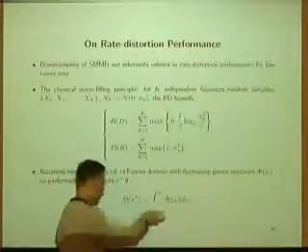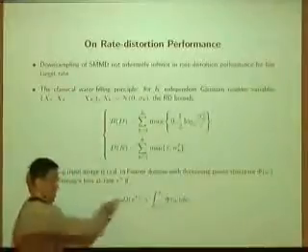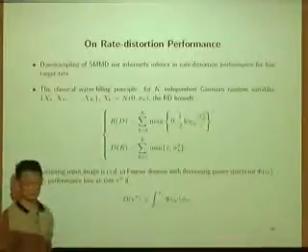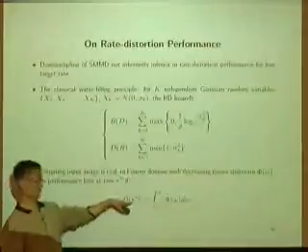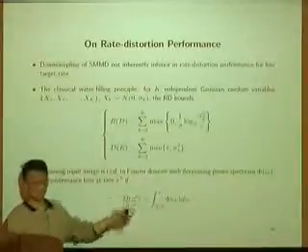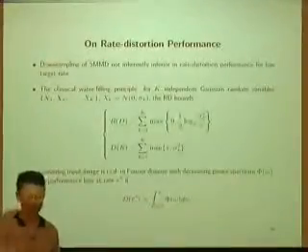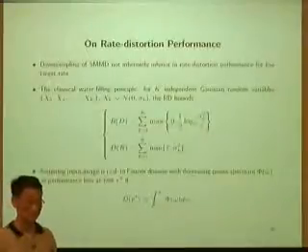If this part is less than the distortion given the target rate, this is the distortion function of the source, then I'm okay. I can safely discard.